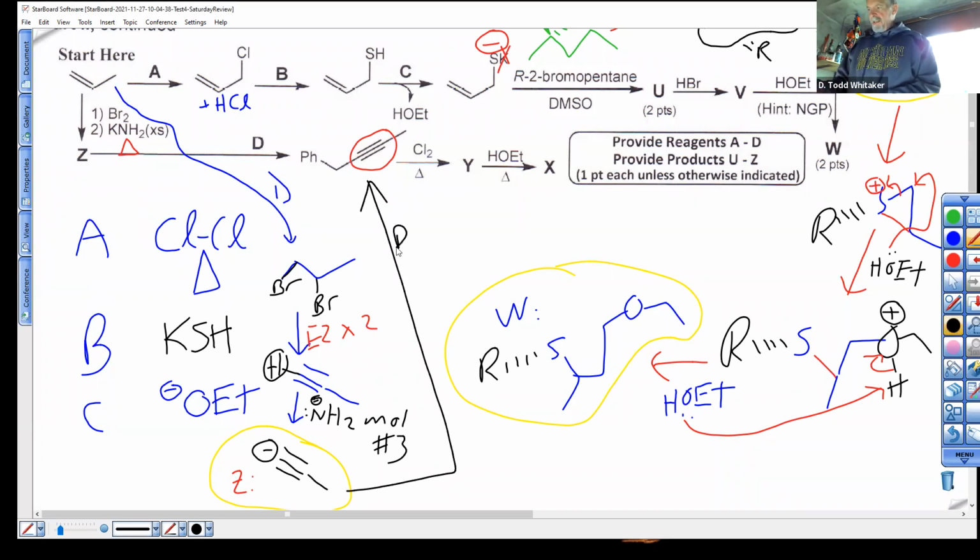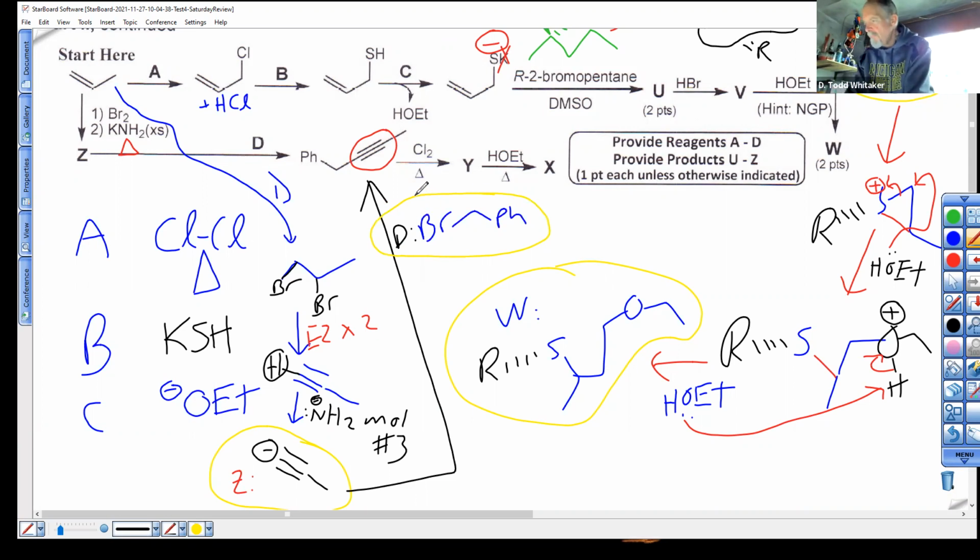Here's D, benzyl bromide, a leaving group on a carbon, one away from a phenyl. I don't need a solvent there. If you want to give me a solvent, that'd be great. They're only 1 point each though, so I didn't really need more than one thing.